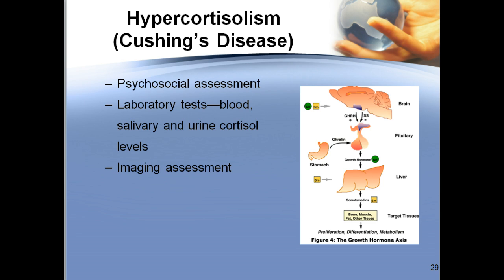When you do your psychosocial assessment, they generally say that people have emotional instability, and the patients often say that they do not feel like themselves anymore. Sometimes they'll have mood swings, they'll be irritable, they'll be confused, and they'll be depressed.